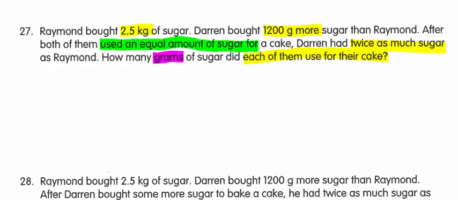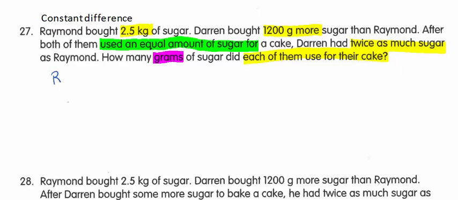So again, what strategy is this? Because each of them use an equal amount, this is constant difference. Alright, very straightforward. So let's work it out the same way as we did just now. So I have Raymond.